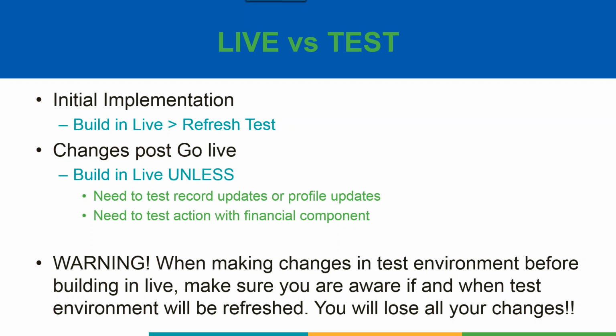My rule of thumb is to do all the setup in live unless I need to test transactions that may affect member records like status or member type, or those that might have a financial component, because I don't want those invalid transactions in my live iMIS system.